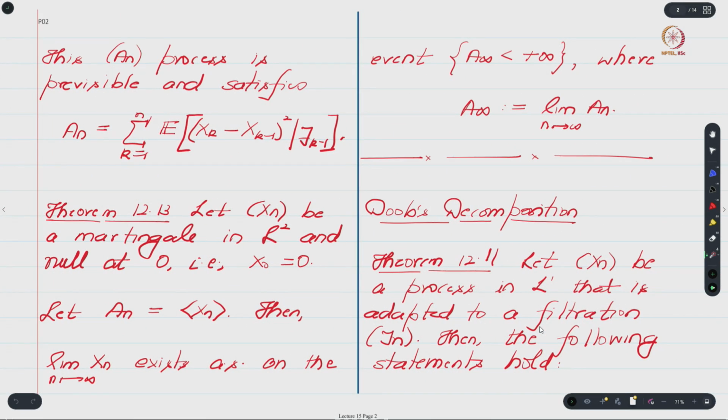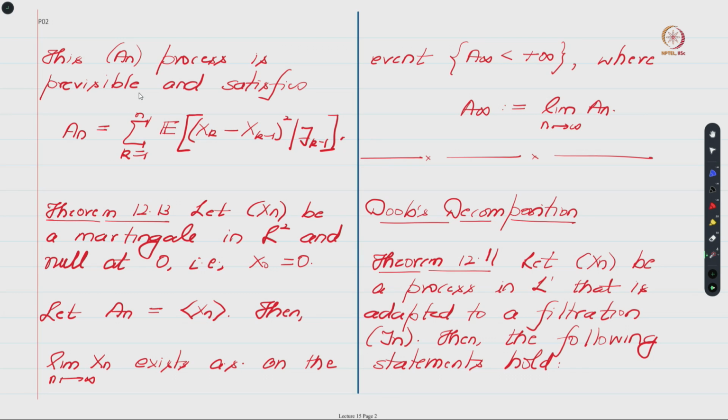Formally, given a process Xn, the angle bracket process is defined as a sum from k equals 1 to n of the conditional expectation of the square of these successive differences, right. Since k can at most go to n, the last term will be conditioned on F n minus 1, which makes it a predictable process.